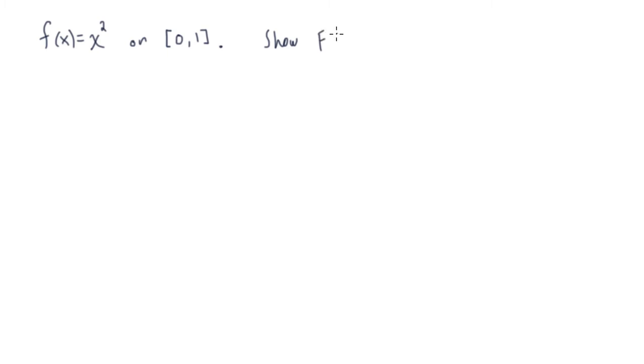So what I want to do is show that the function capital F of x, the integral from 0 to x of t squared dt, is an antiderivative of f of x.